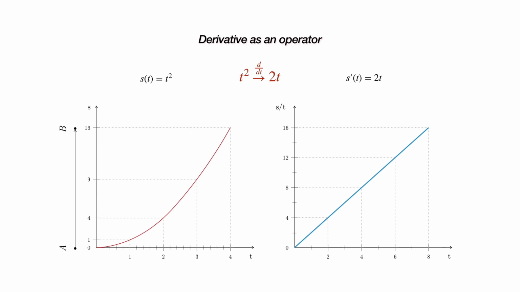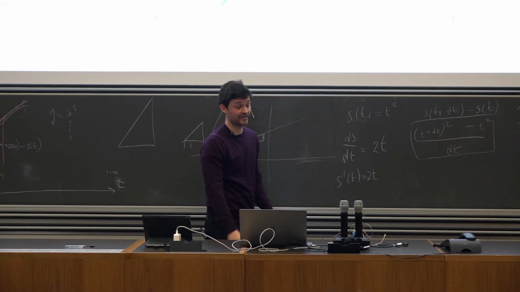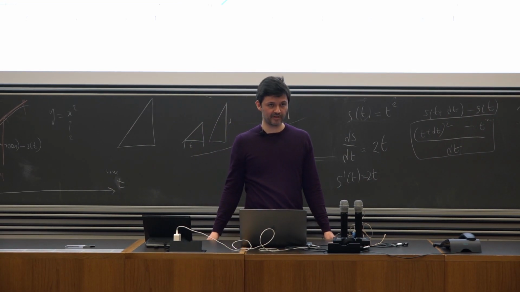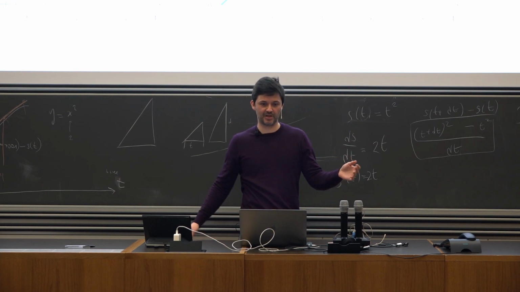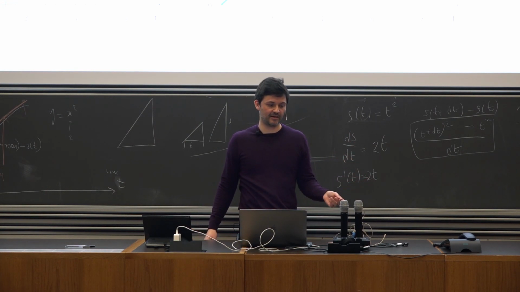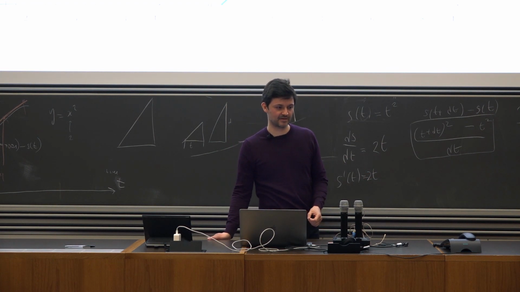Which means that if you're interested in the speed at 3 seconds after the start, you just go to 3 here and see what is the speed at that point. Yeah? It will be 2 times 3 equals 6. So you can now predict, actually calculate, the speed at any point if you know a function, which can be any kind of function, but let's say that it relates time and distance.